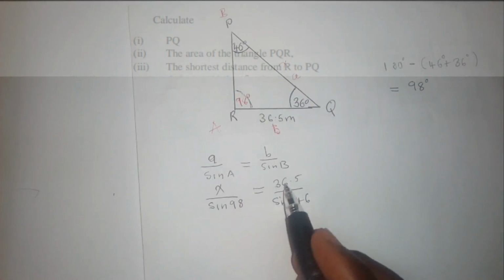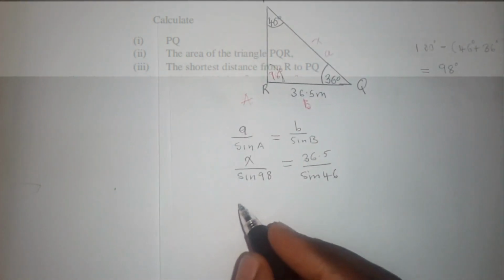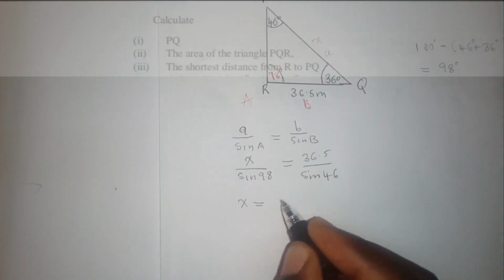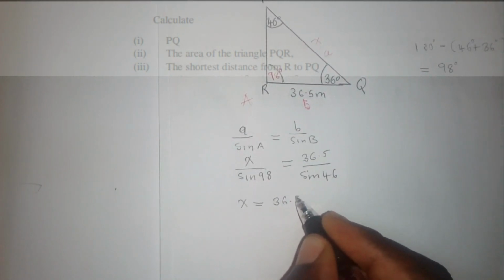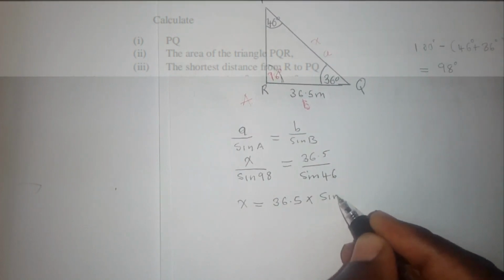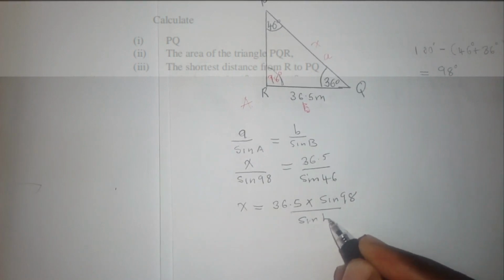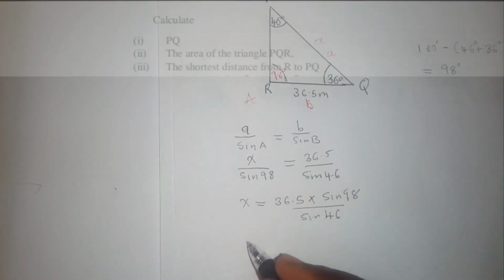So we can now cross multiply. Even if we multiply by sine 98, we'll still come and divide it. So it will just be X is equal to 36.5 multiplied by sine 98 over sine 46.